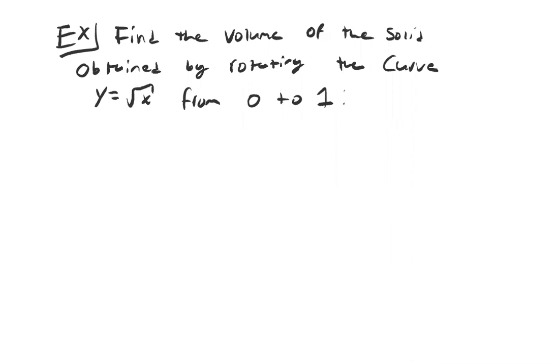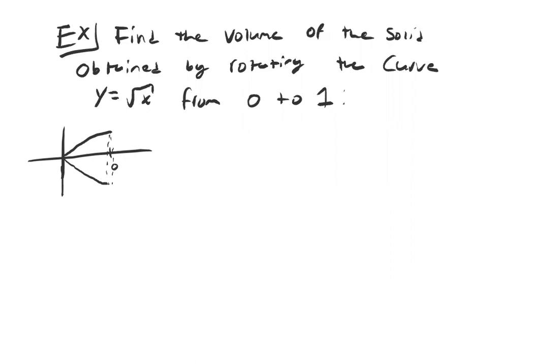Okay, so let's go ahead and draw what this is. I have the square root function from 0 to 1, and I'm rotating this around, and I'm getting a solid that looks like this.